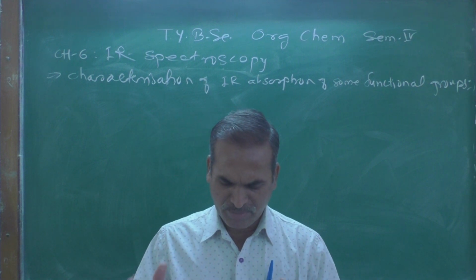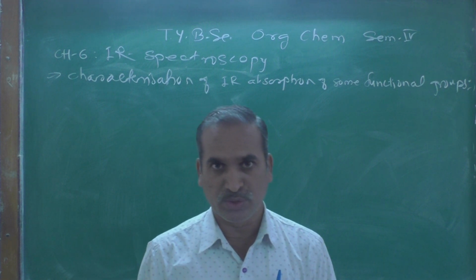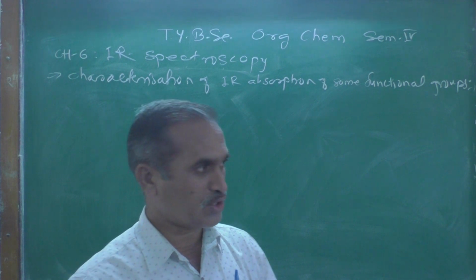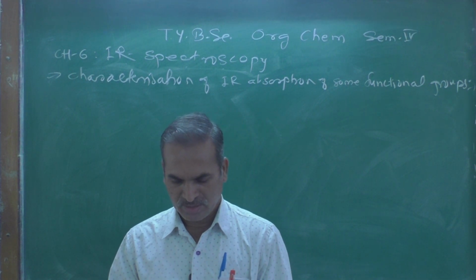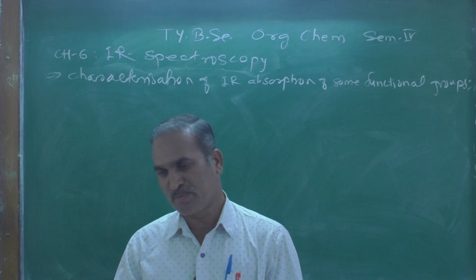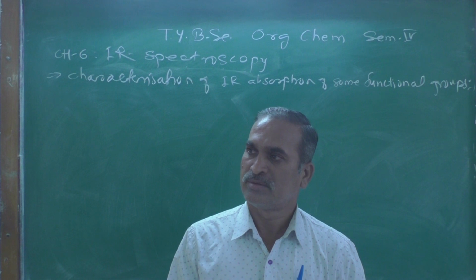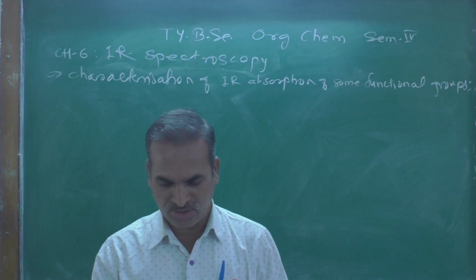Or sometimes the bands in IR spectra are slightly shifted due to conjugation, hydrogen bonding and electron donating or electron withdrawing groups. So that type of information we have discussed in our previous lectures.